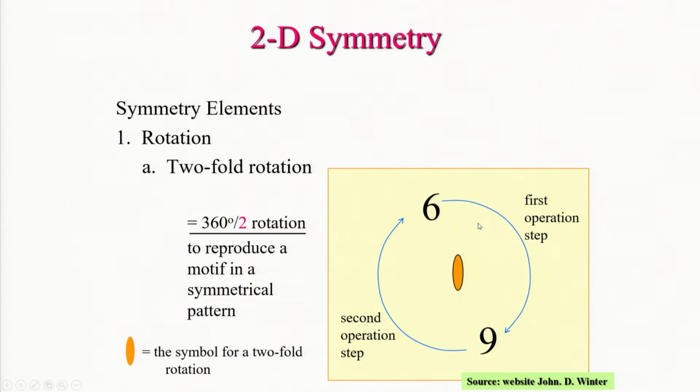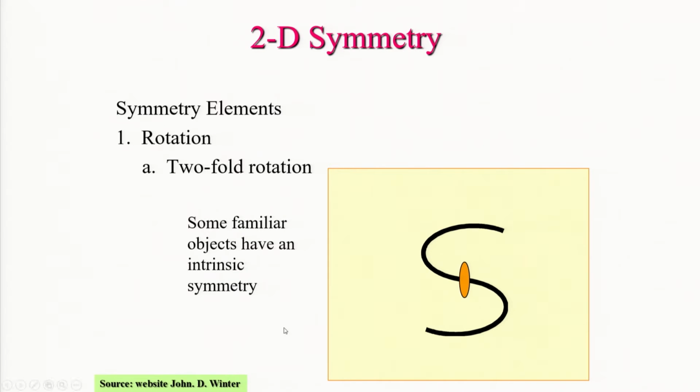For each rotation axis there is a symbol, and I will be using this symbol of a compressed ellipse. This is the symbol of the twofold axis of rotation, and we will be calling this a dyad. Now, let me show you another specific example of a twofold axis of rotation.